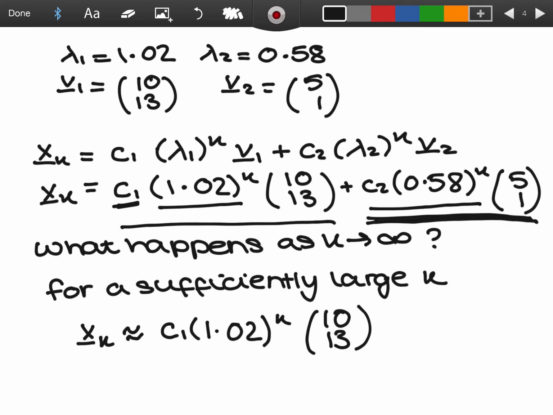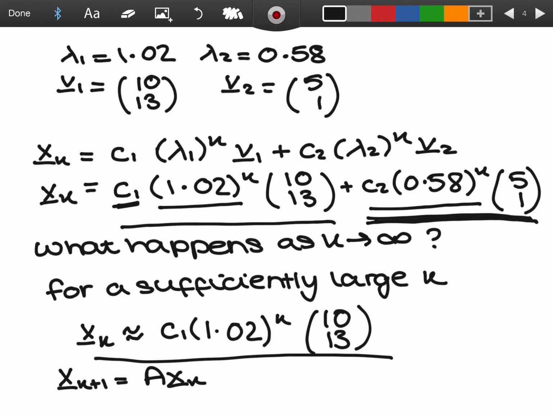Going back to our actual system, we know that xk plus 1 is A times xk. We also know that xk plus 1 would be this thing, but with k plus 1 plugged in.